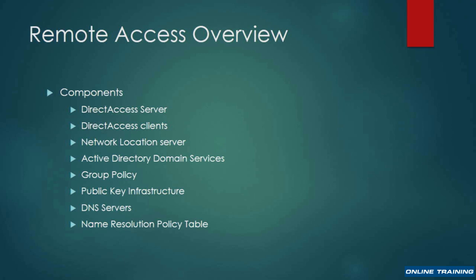We had talked about using the gateway on the remote network and causing a problem with VPNs. That's not a problem with direct access. In fact, when the client is connected, the only data that goes to the corporate network is data that's actually intended for it. And that's because of this name resolution policy table.